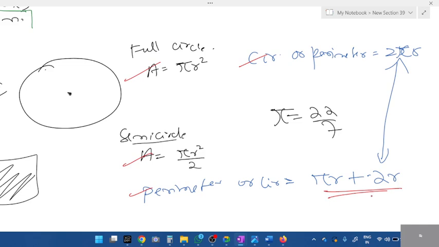So there are chances, students, definitely they'll repeat 7 out of 80 marks, at least 30 to 40 marks from this question paper, what we are solving.